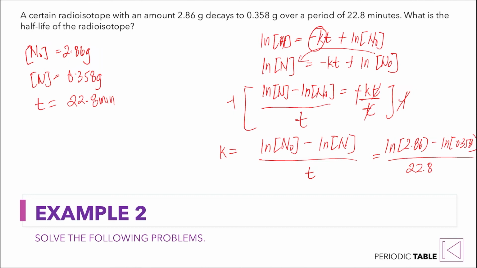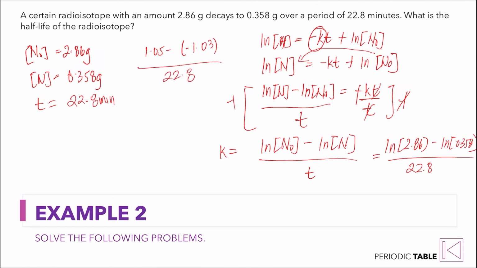So ln 2.86, that is 1.05 minus, that is negative 1.03, over 22.8.